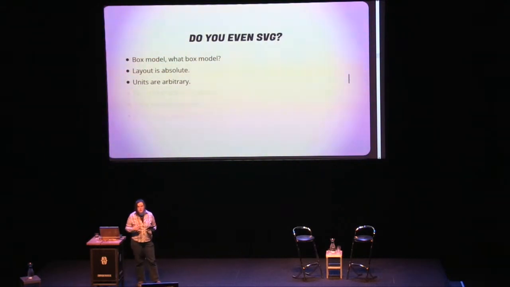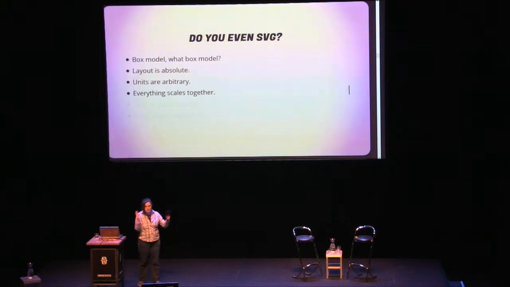Everything scales in proportion, and that's another thing to remember. Everything scales together. Once you put that viewBox attribute on, you've got a two-dimensional aspect ratio. If you compress the width, you compress the height as well. That's opposite, if you think about it, from how text works.